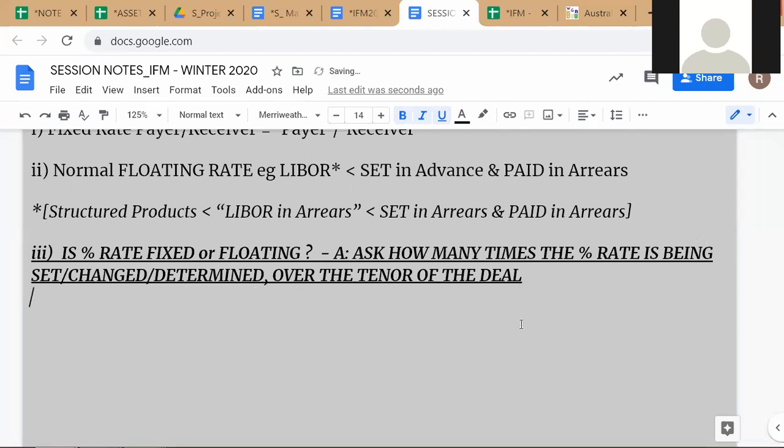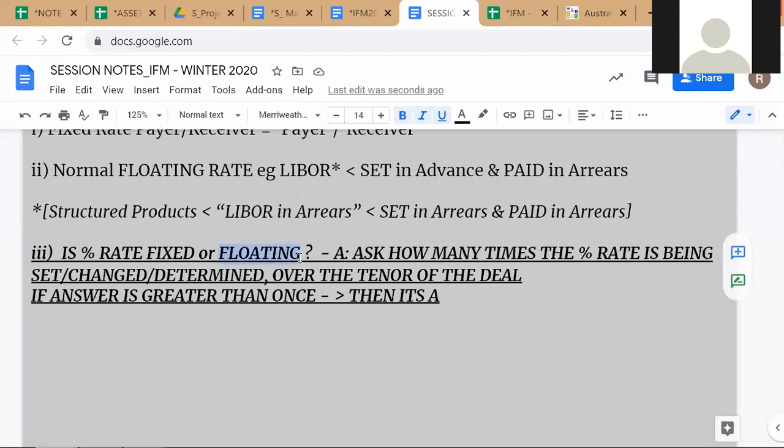If the answer is greater than 1, then it's a floating rate. So there's a mechanical way to determine it, a definition for a computer.